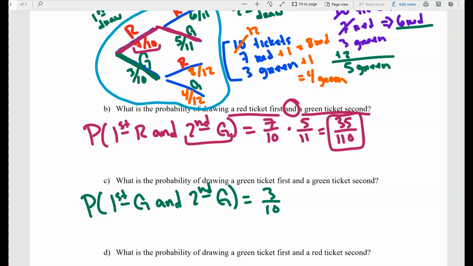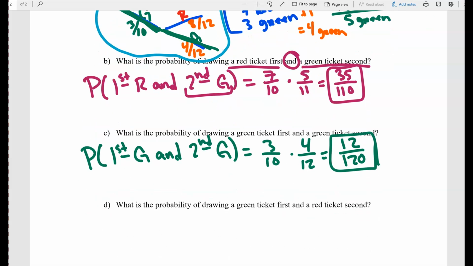Now we are on this branch, so we're not going to exit. And the second one being green is right here, which is going to be 4 out of 12. So I'm going to multiply this out, and I'm going to get 12 out of 120. You can leave it like this if you'd like, or 1 out of 10.